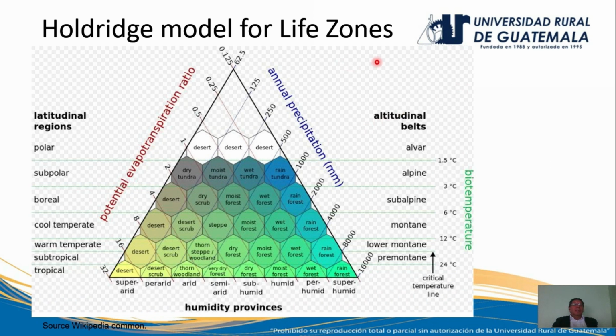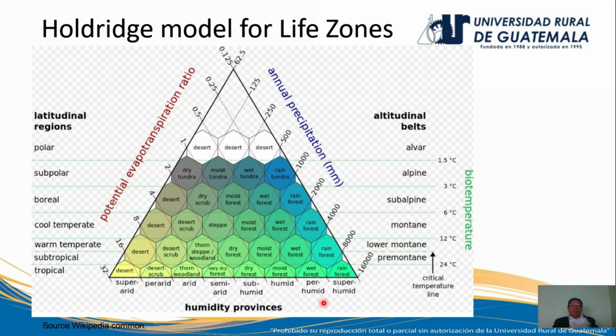Here we can see the Holdridge model for life zones. This model is a bioclimatic classification system that divides the world into different vegetation zones based on 3 climatic variables. These 3 main parameters are the potential evapotranspiration rate, the annual precipitation in millimeters, and also the humidity provinces.